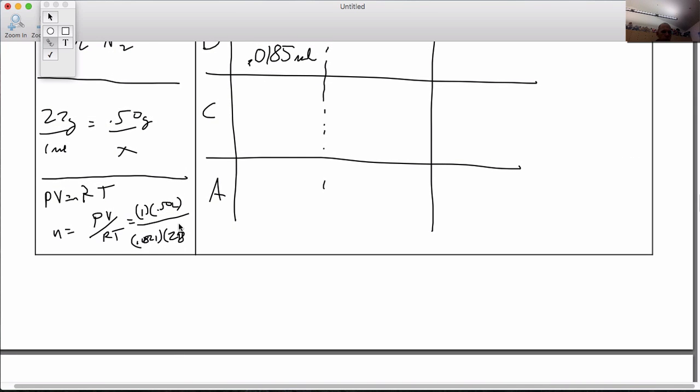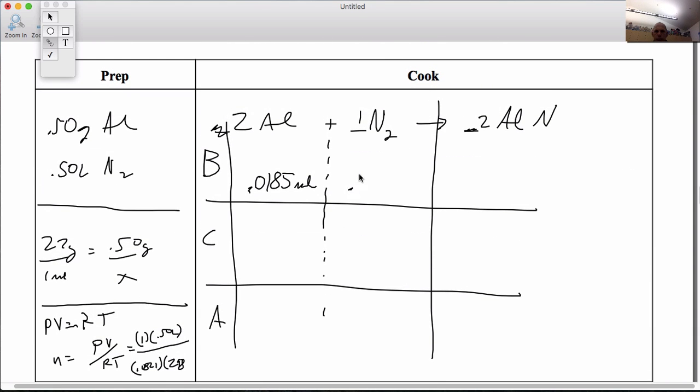Okay. So 1 times 0.5, divided by 0.0821, divided by 298. So 0.24 moles. Okay, so you need 2 times as much Al, but you don't have anywhere near 2 times as much. So you're going to run out of that first, 0.0185.